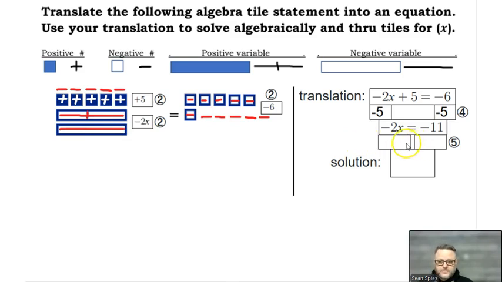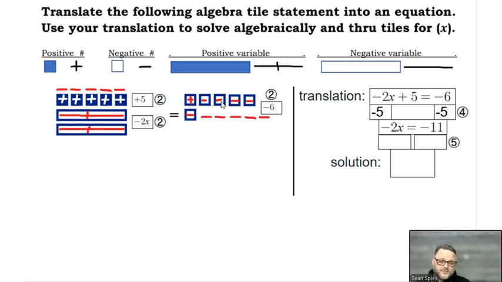The first problem I'm running into is I cannot have negative rectangles. That cannot be part of my answer. My answer must be a positive rectangle equals something. So I'm going to change these to positives. When I change them on the left, I'm changing everything on the right. So if these were positives on the right, I'd be changing them to negatives.